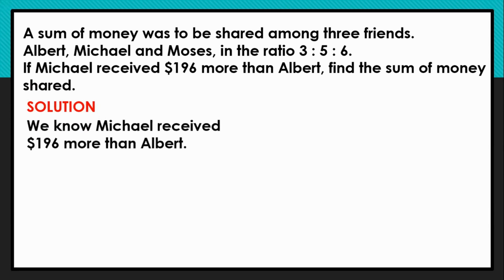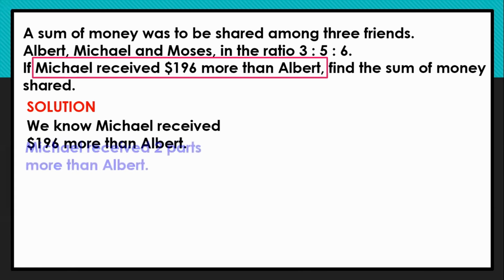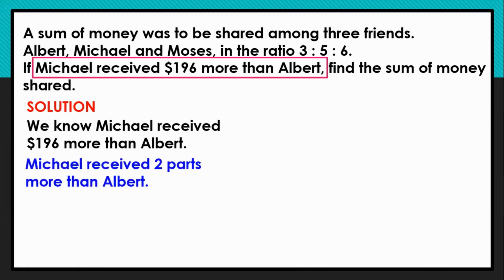So we know that Michael received $196 more than Albert. If we know that Michael received $196 more than Albert, my question is, how many parts more did Michael receive than Albert? So Michael received 2 parts more than Albert.